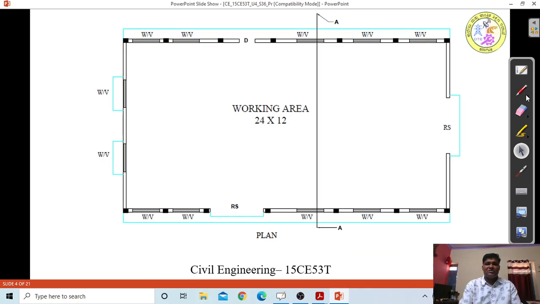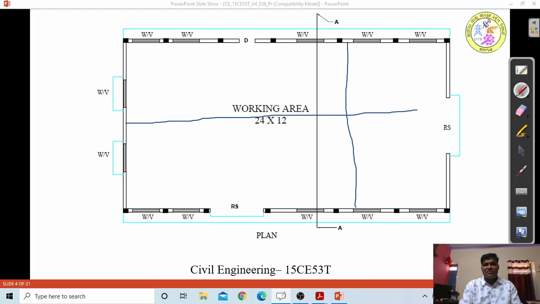The plan includes a working area of width 12 meters and length 24 meters. So the width from here to here is 12 meters and from here to here is 24 meters, internal dimension.